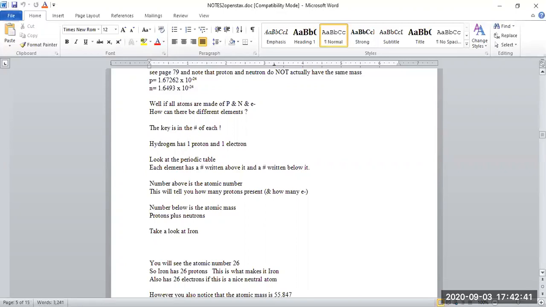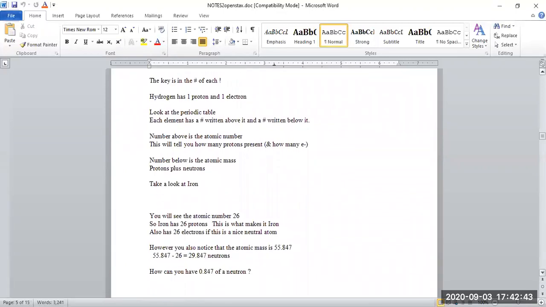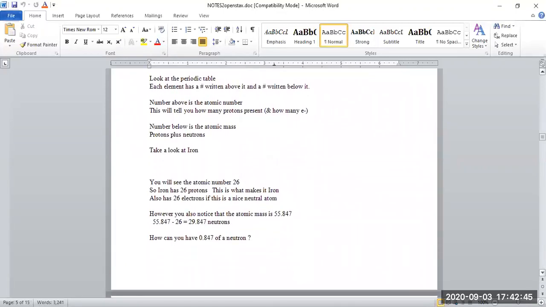If you look at iron, which is number 26 on the periodic table, in the same box with the number 26 and the Fe for iron, and if I round it slightly depending upon which textbook you're looking in, you'll also see 55.847.